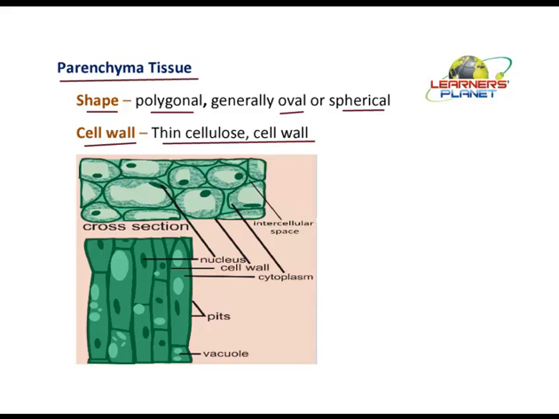Comparatively, parenchyma has more deposition of cellulose as compared to the meristematic, but it could not be considered thick, as it is of course thin, but thicker than that of the meristematic tissue. So you can see here in the diagram, this is the cell wall, the boundary line, and it is thicker than that of the meristematic tissue.